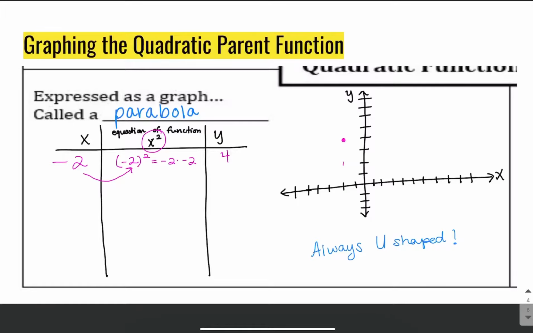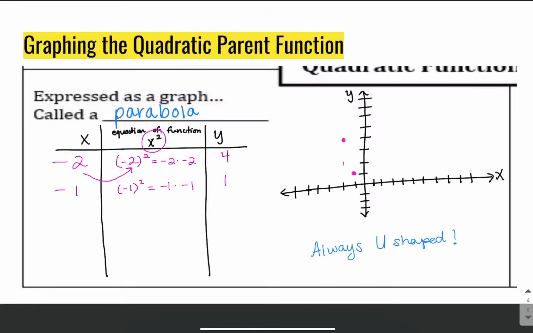All right, let's look at negative 1. Negative 1 squared would be negative 1 times negative 1. A negative times a negative is a positive, so positive 1. So my next point is going to be at negative 1, positive 1. And again, just a little sketch. That point would go approximately right there.